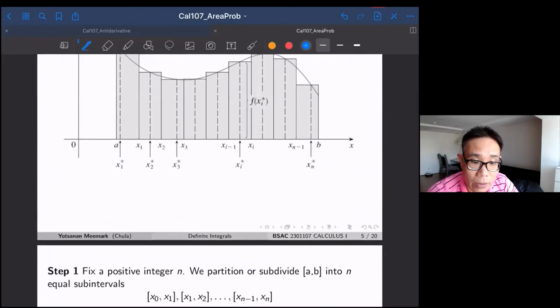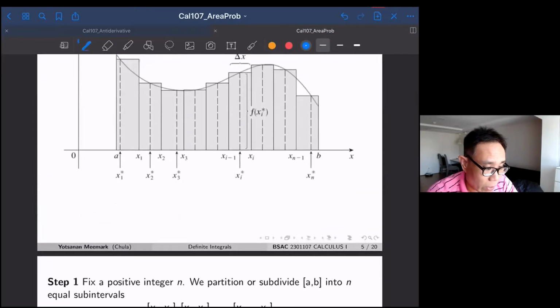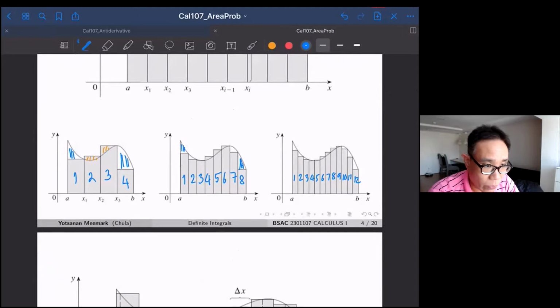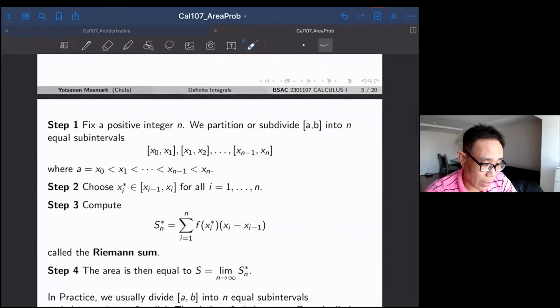So the idea is that you divide the interval [a, b] into many pieces, like 60 pieces, 6,000 pieces or something, compute the area of each rectangle, and then sum it up.